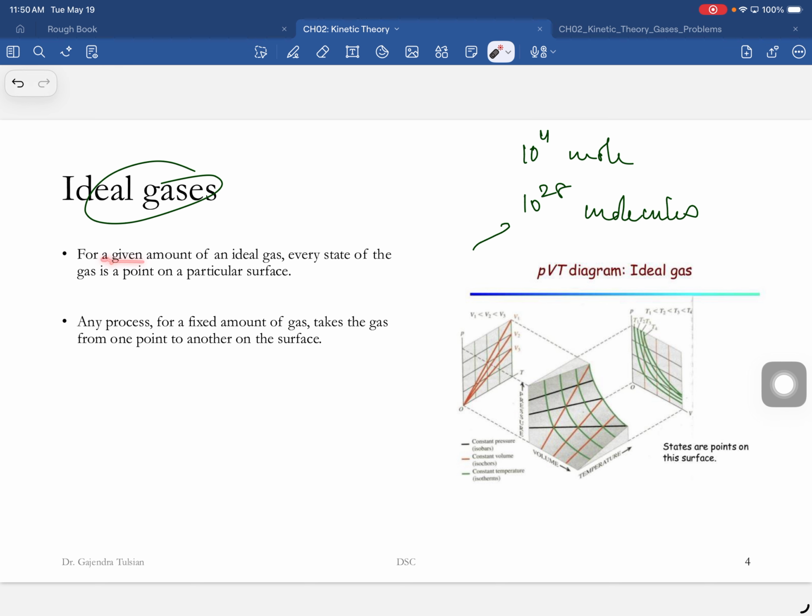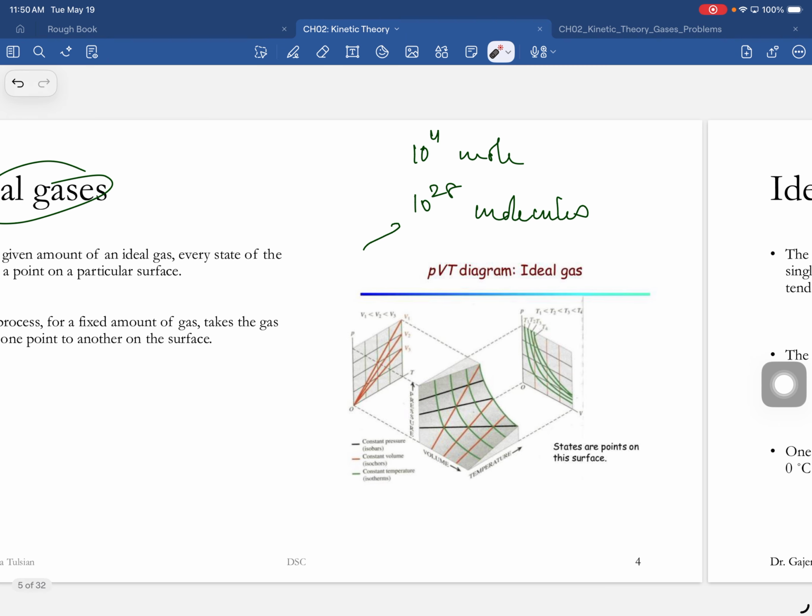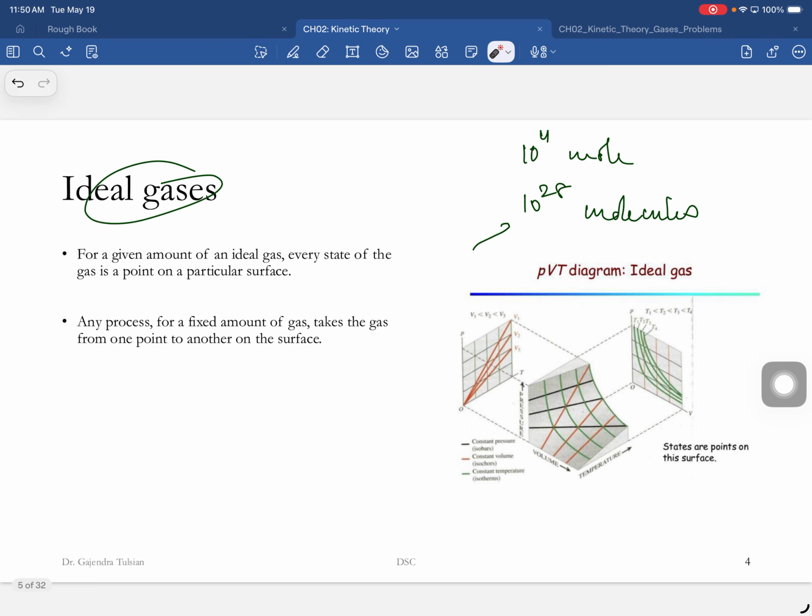So for a given amount of ideal gas, every state of the gas is a point on this particular surface. Any process for a fixed amount of gas, you can do anything you want, heat it, cool it, takes the gas from one point to another.